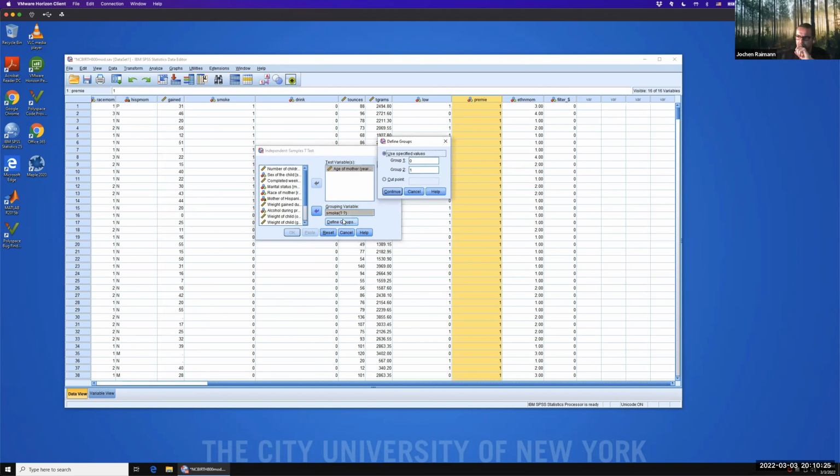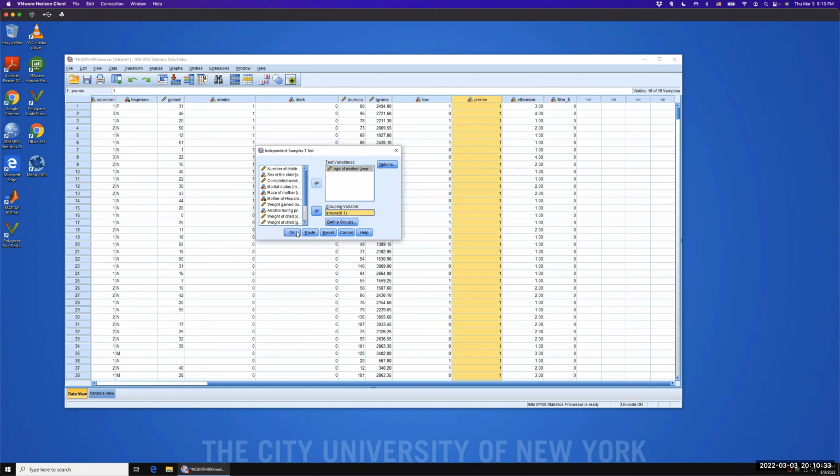Group 1 was 0, group 2 was 1. Then I continued. For options, I'm pretty sure I left it as it was, the first one. And then I clicked OK.